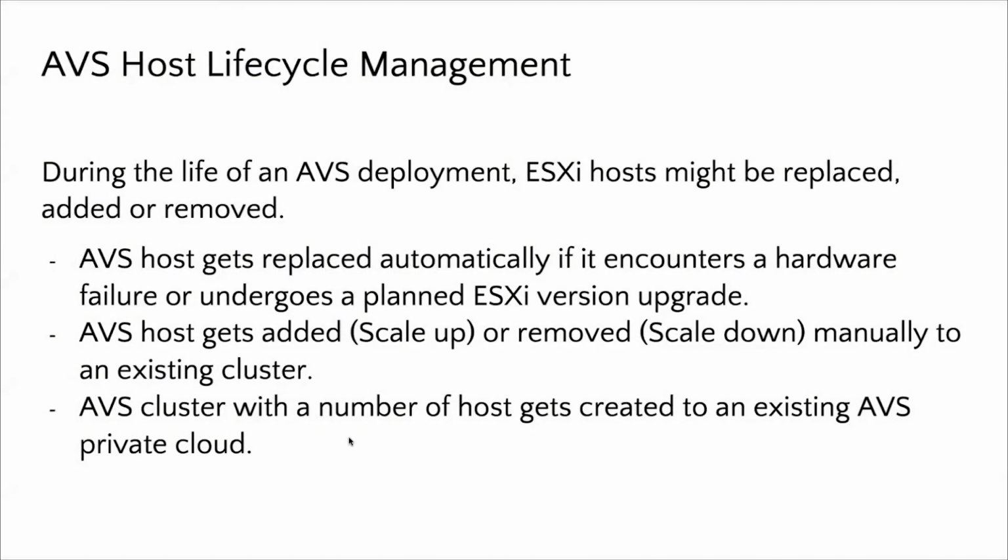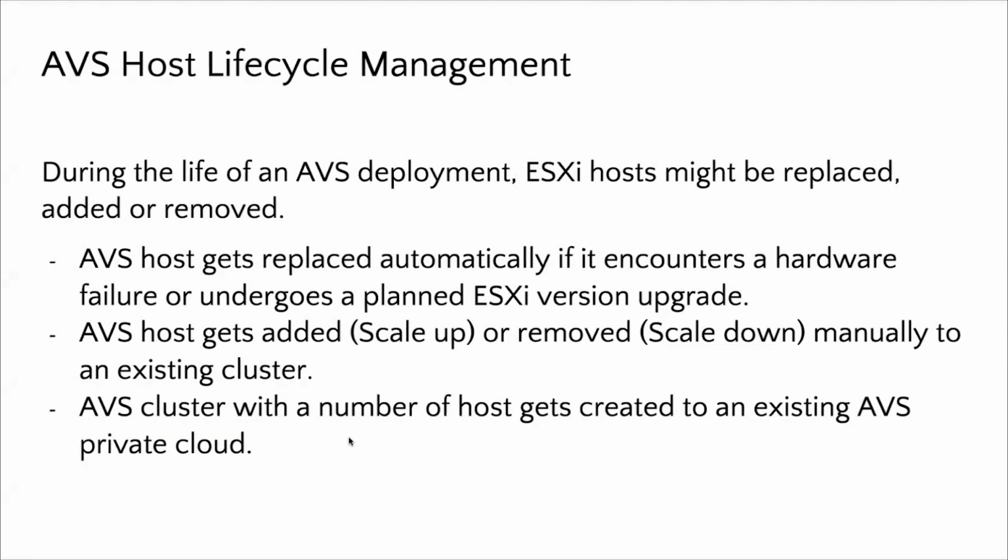First, we need to figure out what are the events that EVS will trigger in the lifecycle management, which might be replacing, adding or removing the ESXi hosts. Mainly, there are three things here. An EVS host can get replaced automatically if it encounters a hardware failure, or it might undergo planned ESXi version upgrades.